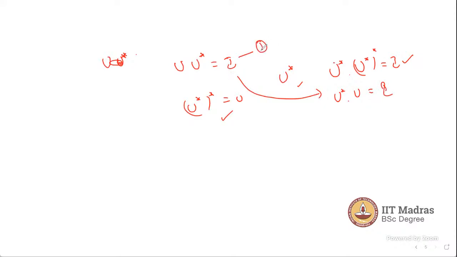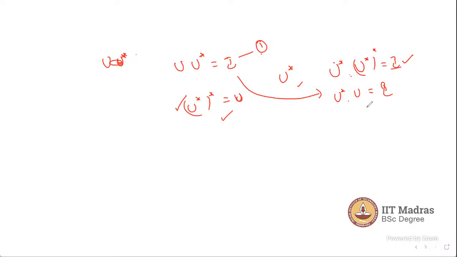This we already know, and from the first lecture we know that U star whole star is equal to U, irrespective of what the matrix is. That is why U star multiplied by U star whole star is equal to the identity matrix.